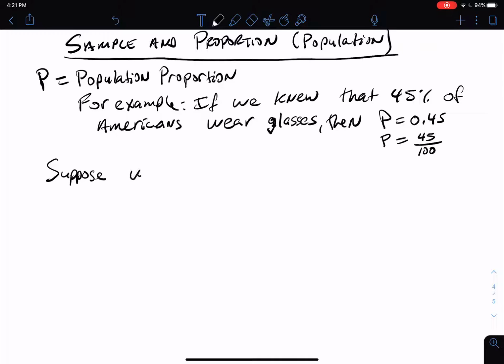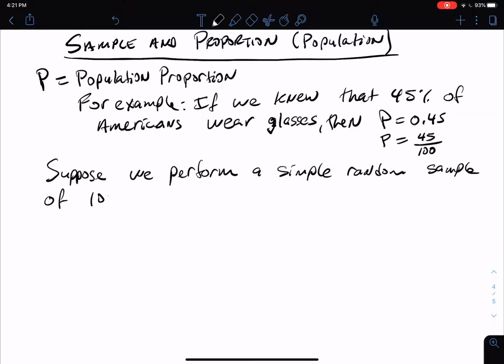Suppose we perform a simple random sample of 100 Americans.